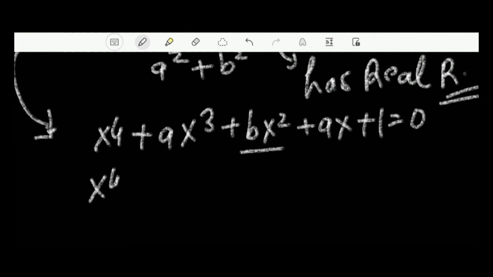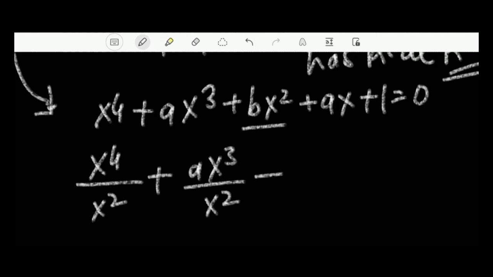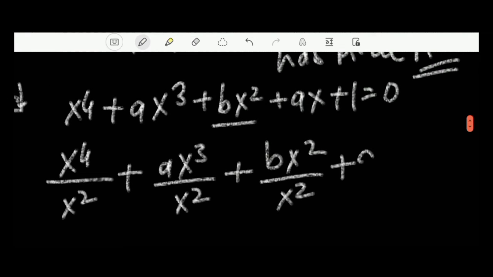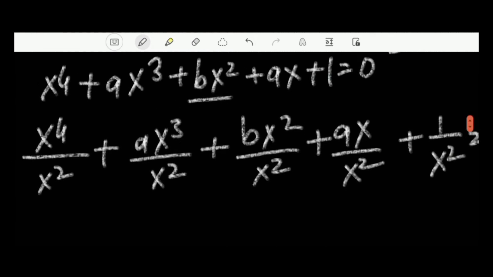So we can simply say x to the power 4 upon x square plus ax cube upon x square plus bx square upon x square plus ax upon x square plus 1 upon x square is equal to 0.